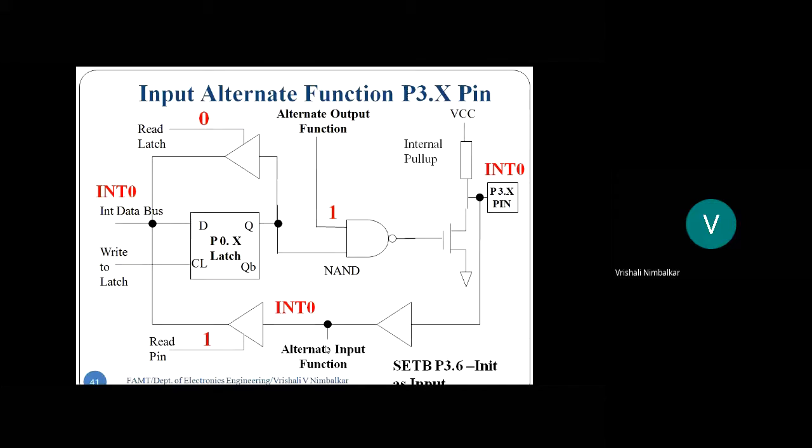So this input signal is wire ended with the buffer output. And what is available at this signal? Whatever you have at the pin, the same signal is available inside the microcontroller at the alternate input function. So if the pin is having INT0 signal, the alternate input function will also show INT0 signal.